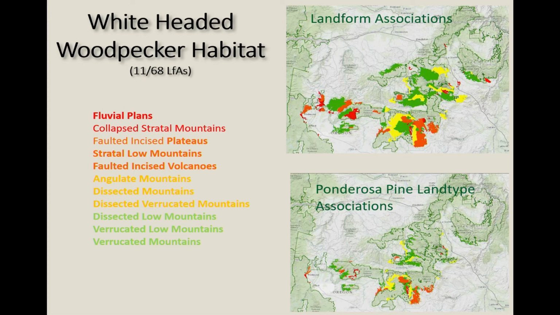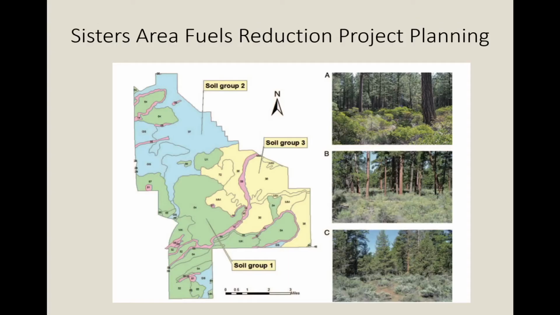So when you bring in the vegetation component, the land type associations, you can further refine where there's potential habitat for those species. And so if you're doing survey and monitoring, you can focus your activities and save money and time for the Forest Service.